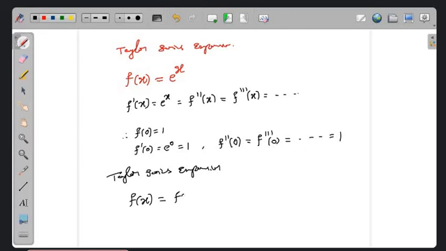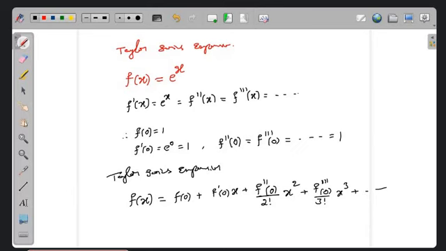So f of 0 plus f dash of 0 into x plus second derivative at 0 by 2 factorial into x square plus third derivative at 0 by 3 factorial into x cube plus and so on.